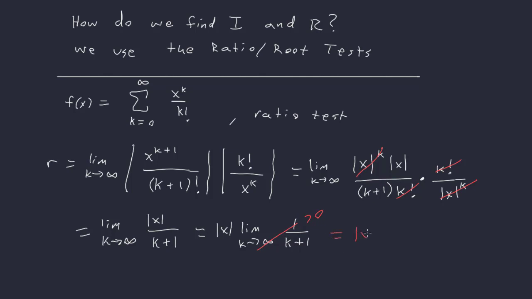So this will be the absolute value of x times 0, which just ends up being 0. So it turns out r goes to 0 for any value of x.